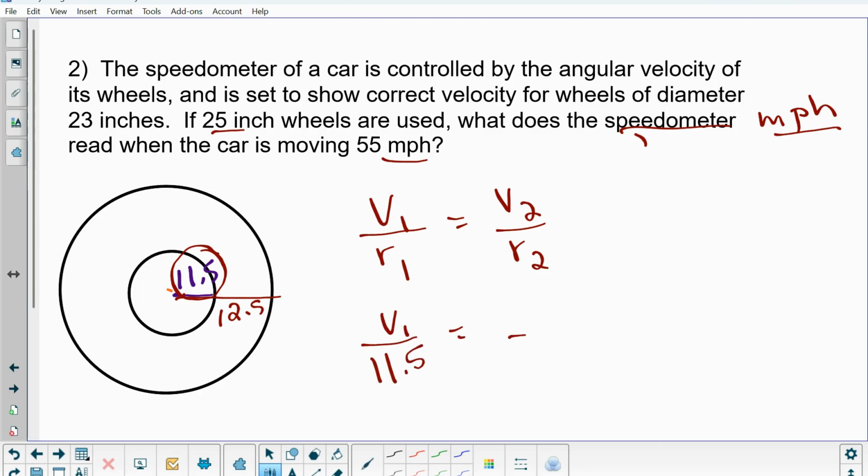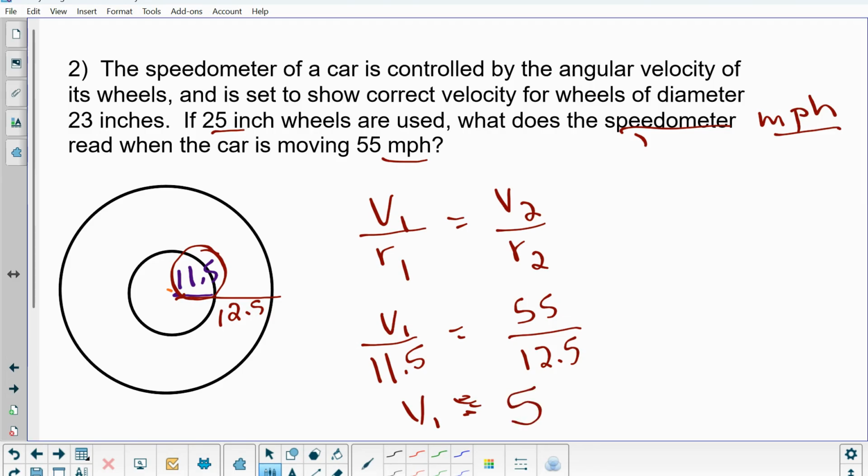We know that when the car is going 55 miles per hour, that is because we have a 12.5-inch radius wheel on the car. So we're going to solve this for the velocity that is connected to the smaller wheel. And hopefully you understand that since it's a smaller wheel, it should have a smaller velocity. So we're doing 11.5 times 55, and then we're going to divide by 12.5.